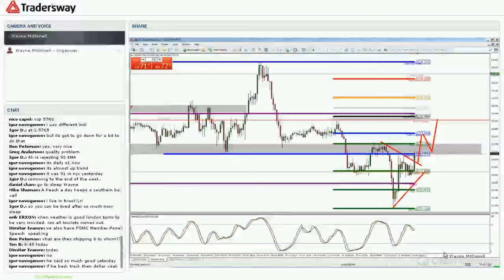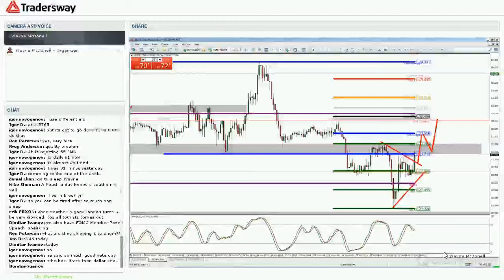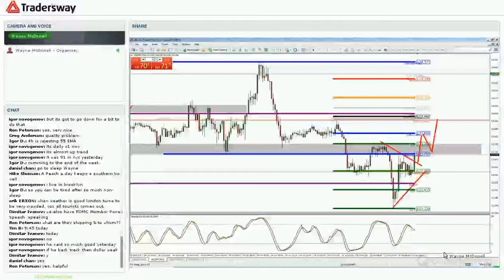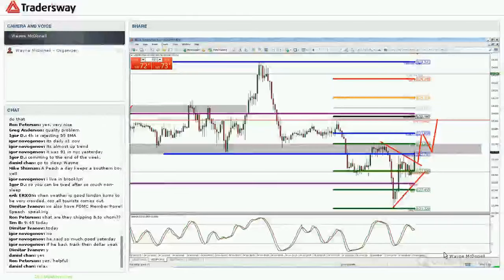So that's helpful, I think, isn't it? Know that you should just throttle back. At best, there's 25 pips here, but not even likely, right?